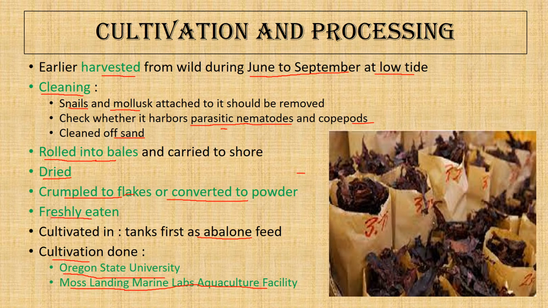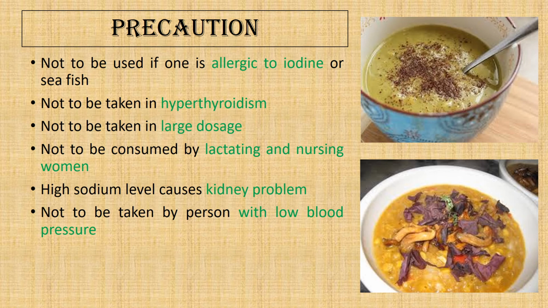Now the precautionary measures. For those who are allergic to iodine or sea fish, they should not be eating this dulse. And if you are suffering from hyperthyroidism, we know that it is a very good source of iodine, so if you are already hyperthyroid, you should not be using this dulse, because it will further elevate your problem.